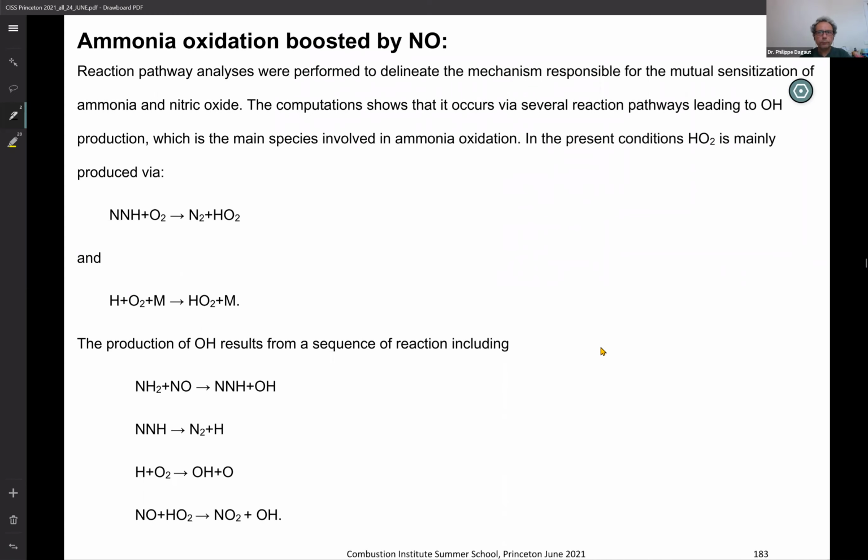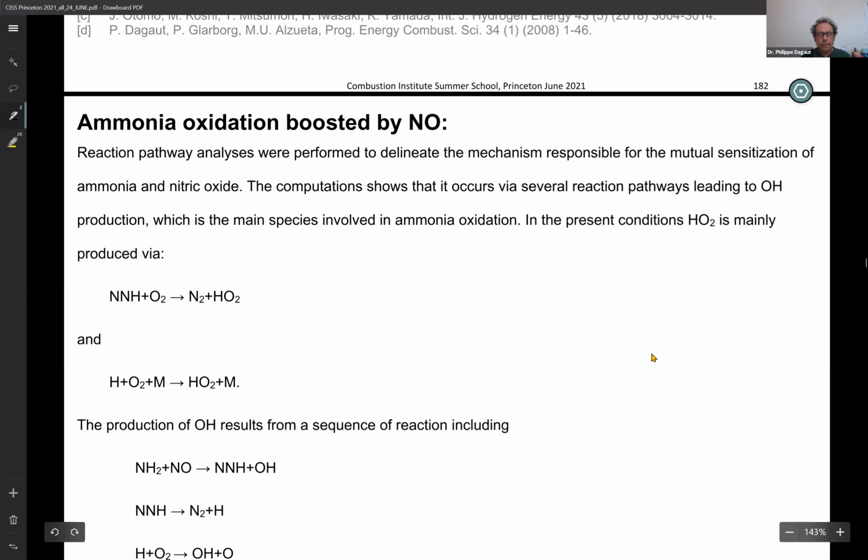And so we ran some kinetic analysis in order to figure out what were the reactions responsible for this acceleration of the conversion of ammonia by NO. The computation shows that it occurs via several reaction pathways leading to OH production, which is the main species involved in ammonia oxidation.